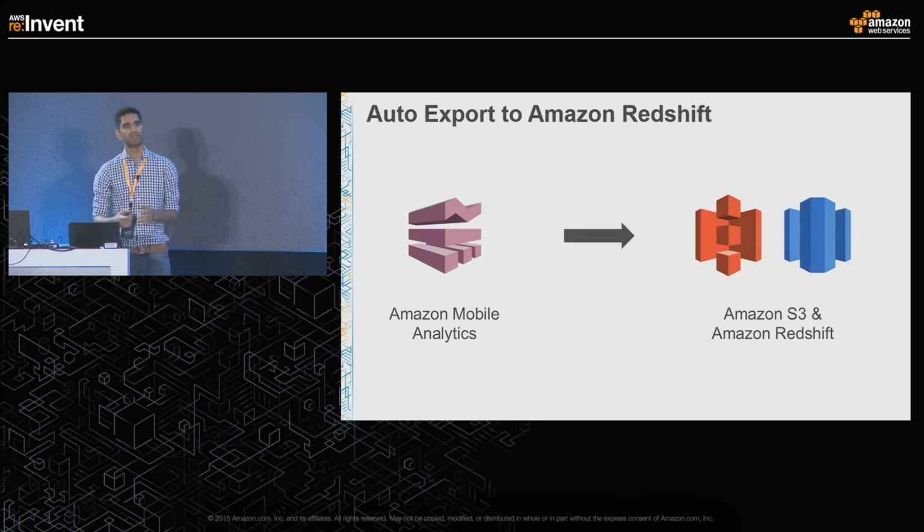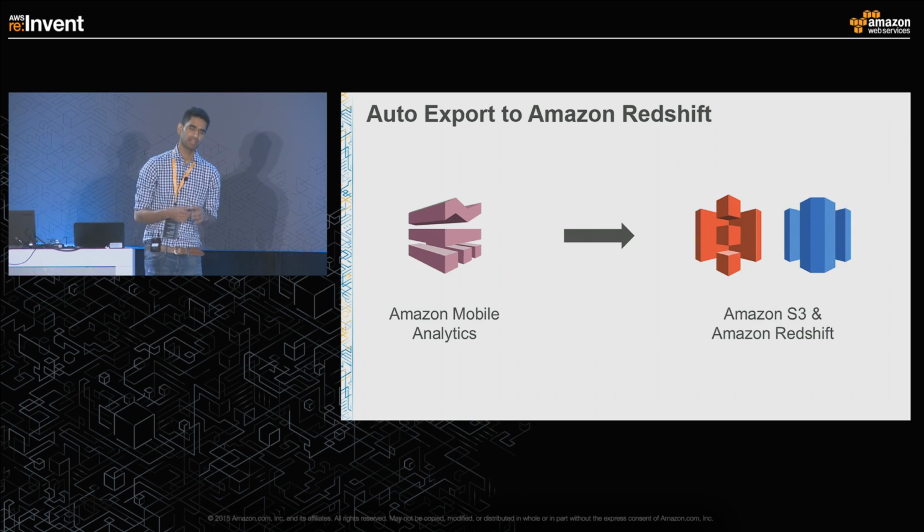So early this year, we launched this new feature called Auto Export to Redshift. Now what this feature does is we automatically export all of your app events data to Amazon Redshift. This is a fully managed service where you don't need to write any additional piece of code, or maintain complicated data pipelines.